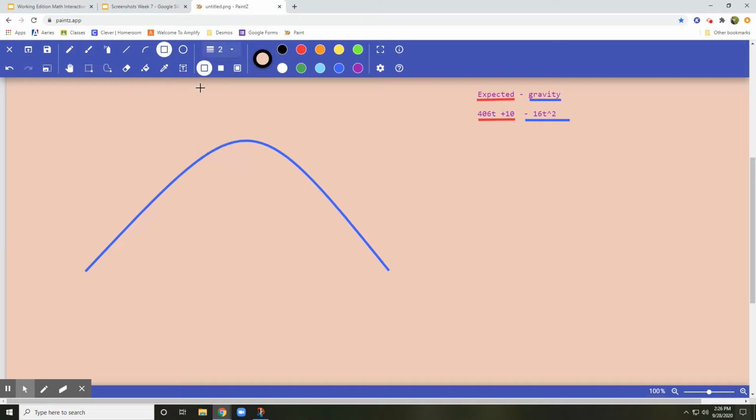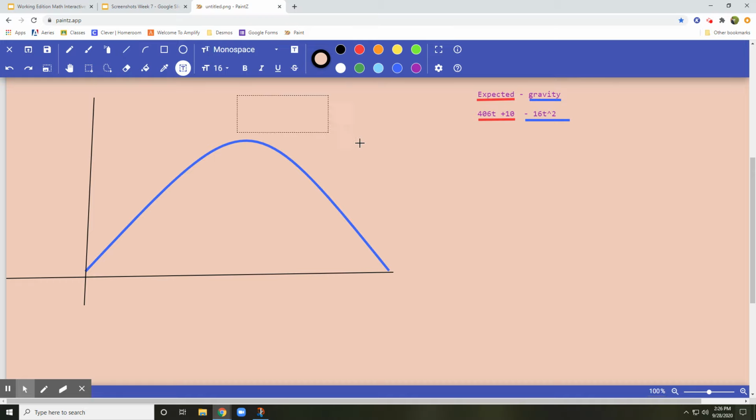I'm going to do it with lines. When we put this on the graph, this was our result. That's close enough, right? So when you guys multiplied it out, what we found was this was our max. This was the max height.